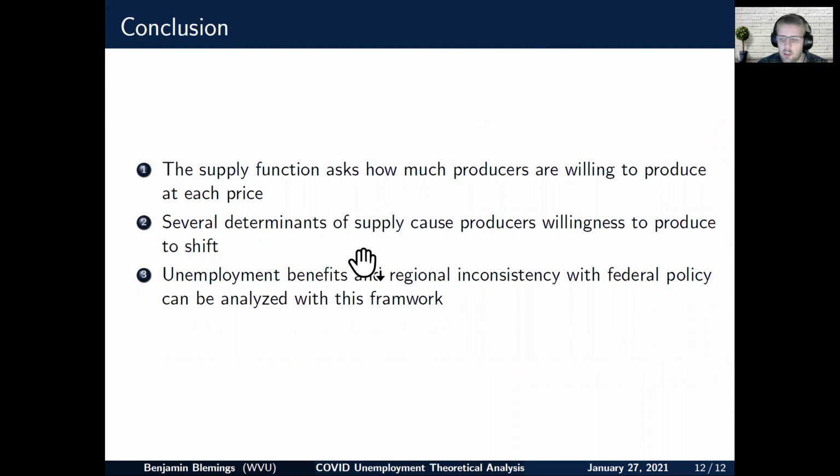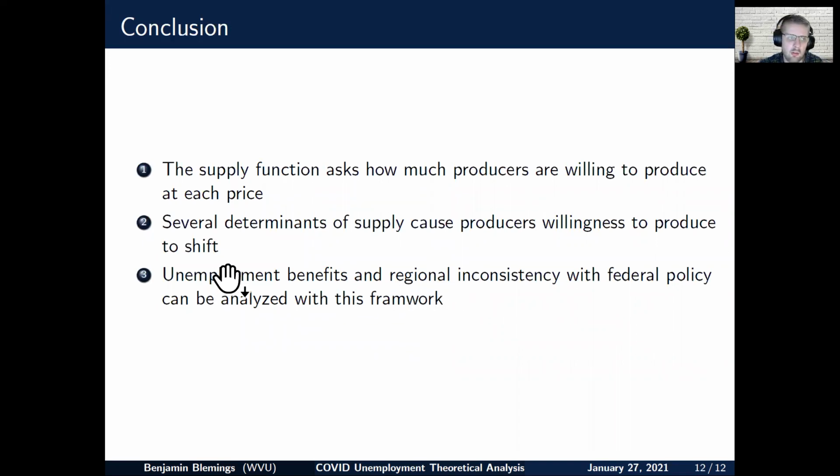So in conclusion, the supply function is asking how much producers are willing to produce at each price. One example is that as an individual, you supply labor in the labor market so that businesses can produce output, and they demand a certain number of hours to produce their products.